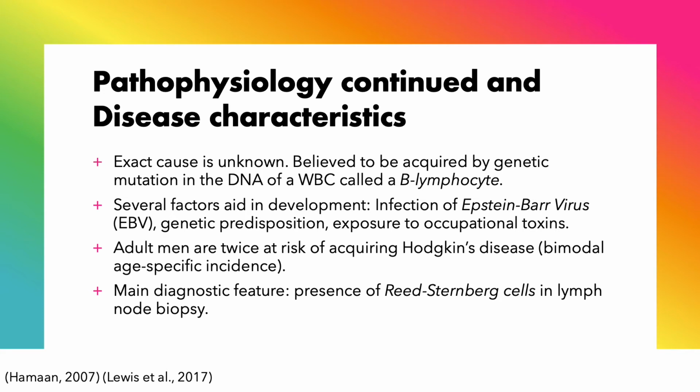And then after that, people, usually adult men, age 50 and up, have a higher risk of getting the disease, which is why it is a bimodal age-specific incidence. But it mainly occurs in adult men, either somewhere around their 30s or 50 and up. So the main diagnostic feature is the presence of the Reed-Sternberg cells in a lymph node biopsy.